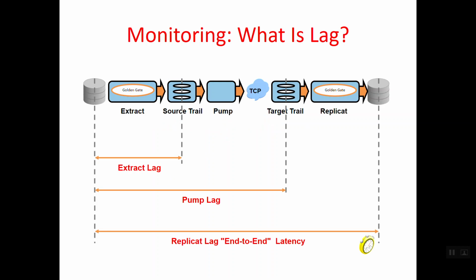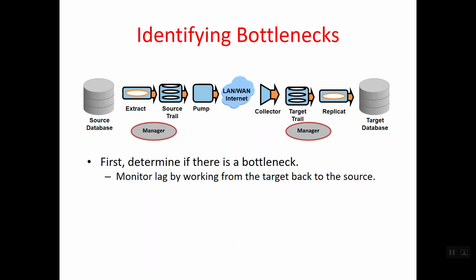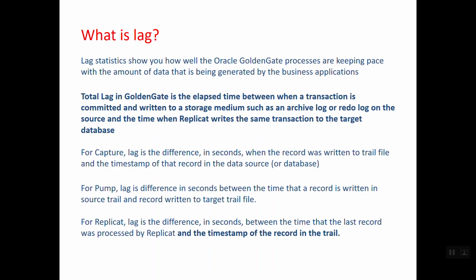So what would be the lag for Golden Gate? The total lag of Golden Gate is the elapsed time between the transaction that is committed on the source server and the transaction that is committed on the target server. So the difference in time would be the total lag.